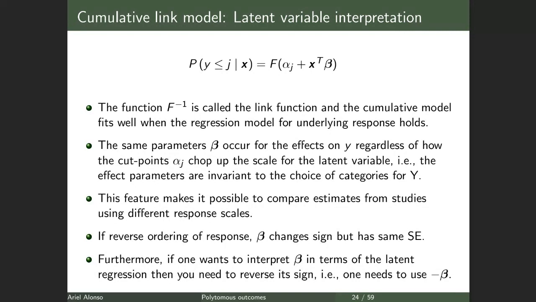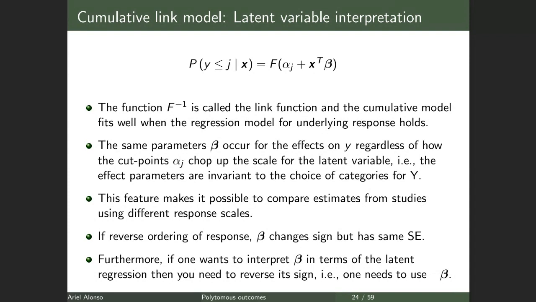And a nice consequence of that is that it makes it possible to compare estimates from studies that use different response scales. So suppose that there are two people studying the effect of gender and income on political view. But how do you define political view? Well, somebody defines political view as liberal, moderate, and conservative.